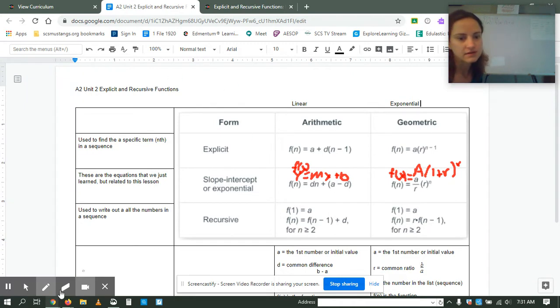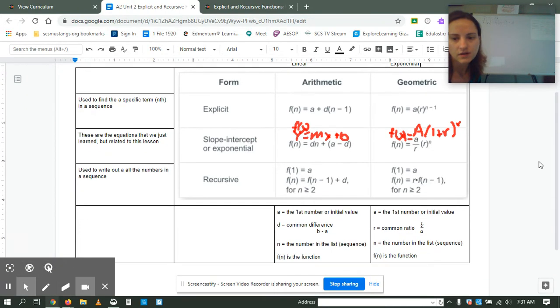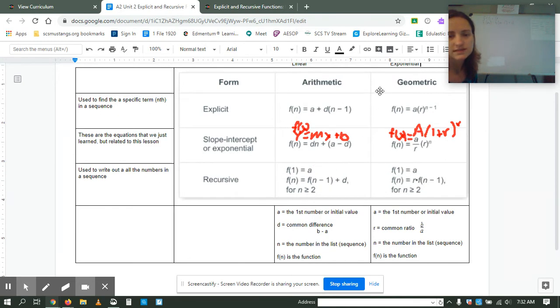Just a friendly reminder on some of these values. We talked about the common difference in that first lesson, where you're taking the second term and subtracting it from the first, or the third from the second, and our common ratio for a geometric, which is b divided by a. For both of these, whether it's linear or exponential, arithmetic or geometric, a is going to be the first number or the initial value in your sequence. n for both of them is going to be the number in the list or the sequence that you're looking for.